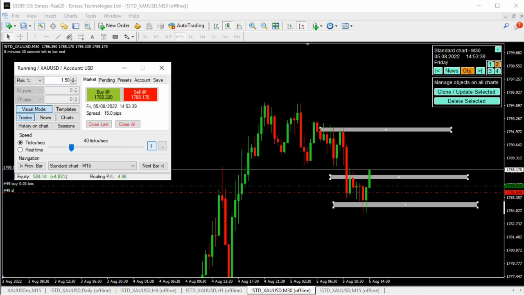Beautiful. So now let's wait for price to break its own high, then we can close the trade with a good amount of profit.